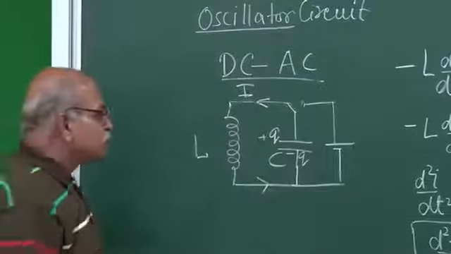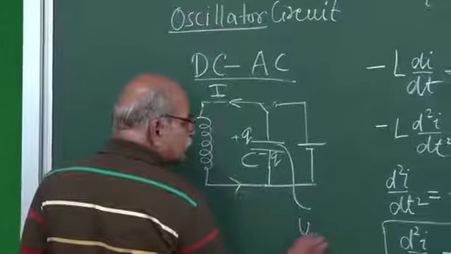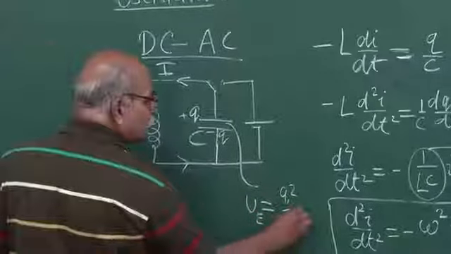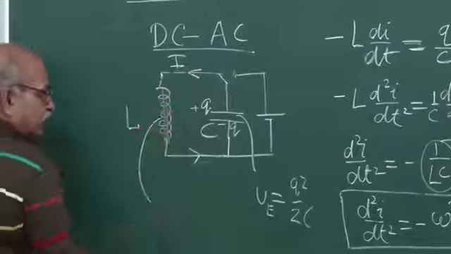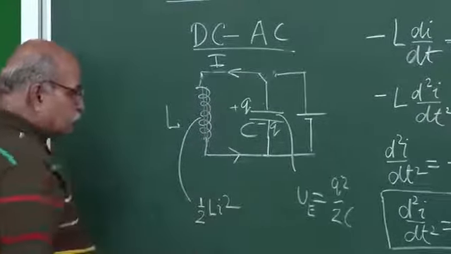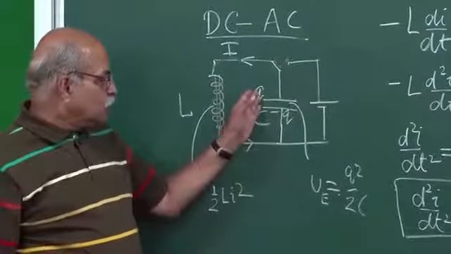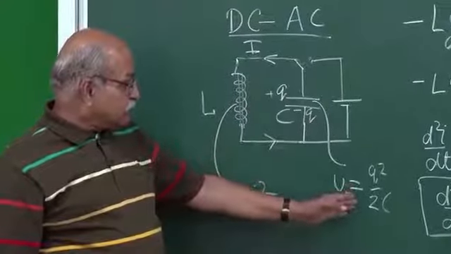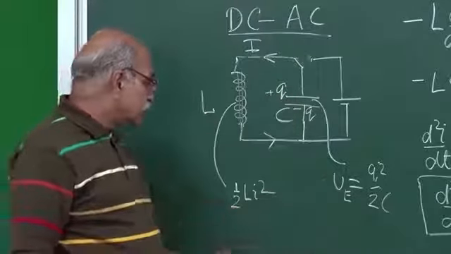If you think in terms of energy, the electrical energy here is Q²/2C, and the magnetic energy, which is largely confined in this, is half Li². So as a function of time, if this is the maximum Q, then the electric field potential energy will decrease, and this will increase. The total will remain the same.